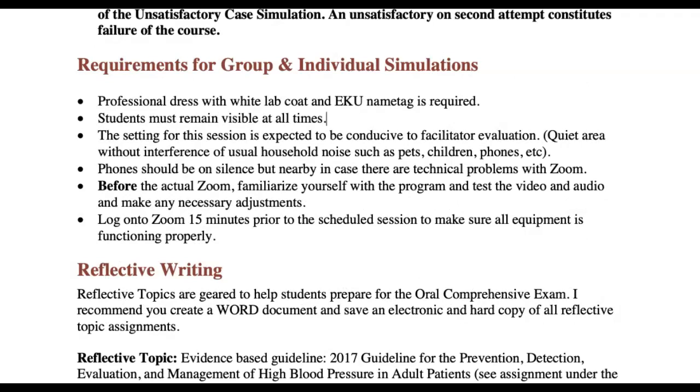Important reminders about the requirements for group and individual simulations. This is just as if we were coming to the clinical setting and observing you with a patient encounter. So we expect professional dress with your white lab coat and your EKU name tag during the entire simulation. You must stay visible on the screen at all times.